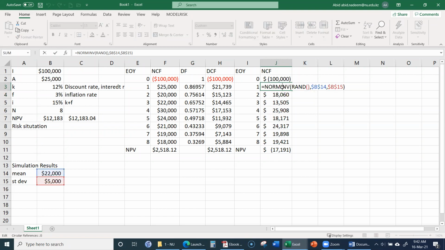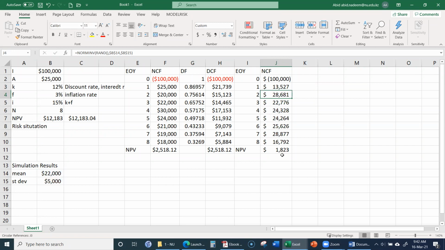And then next time I get $1,823. So for each change, I get a new net present value. That means if I can capture all these values and take the mean and average of them, then we can get more information about this project. Up to now, after that, I will show the simulation program, which will further elaborate the results. Do you have any question up to this point?